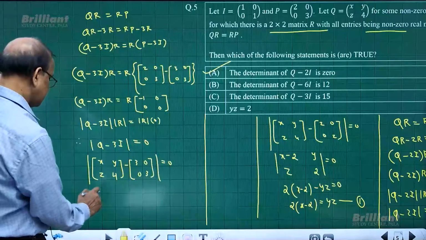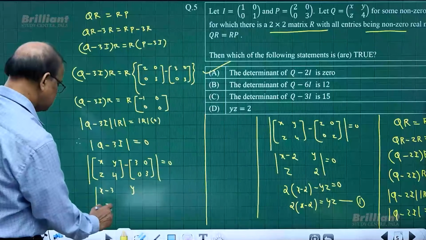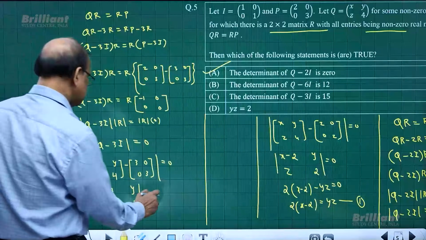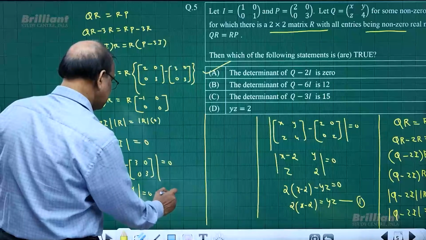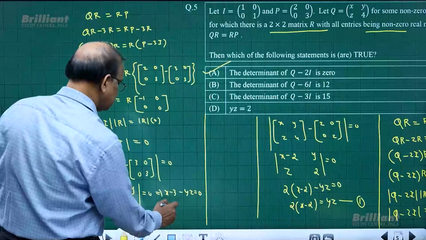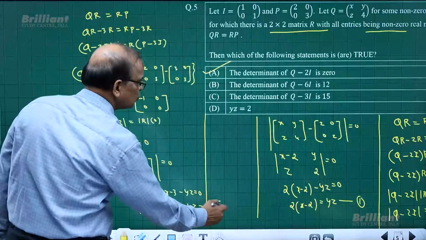So determinant of x minus 3, y, z, 4 minus 3, 1, is equal to 0. So x minus 3 minus yz is 0. So x minus 3 is equal to yz, equation number 2.